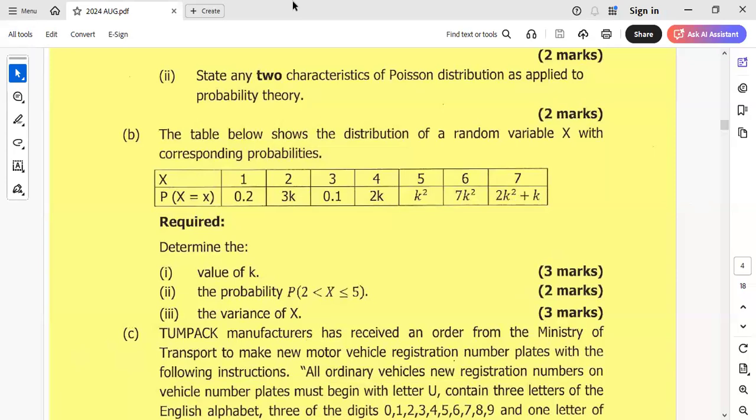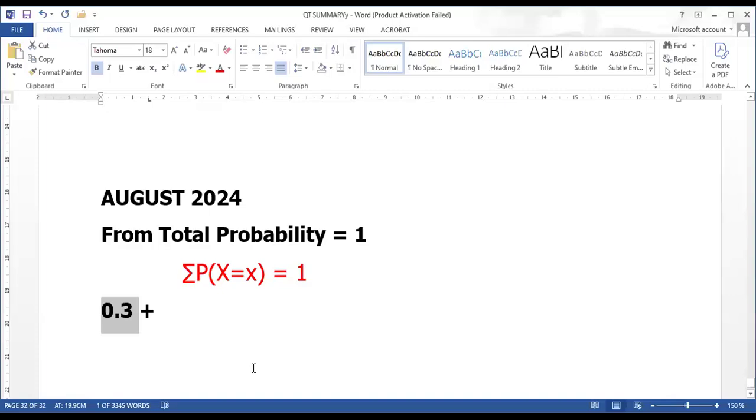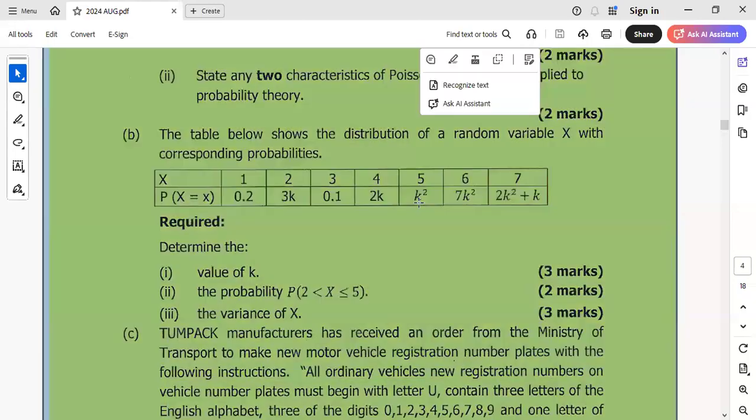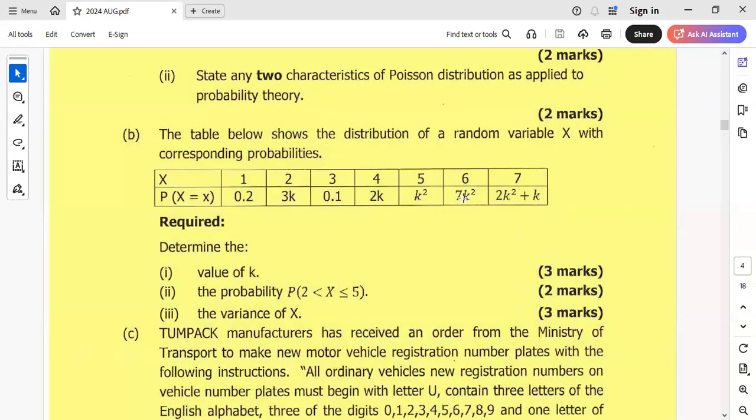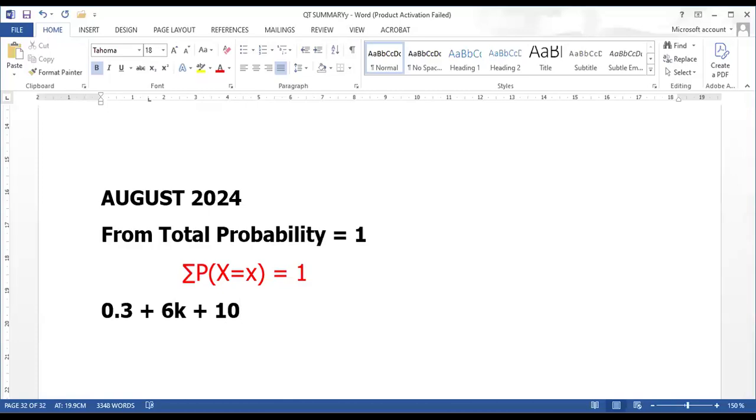I am collecting like terms together. Then k squared plus 7k squared is 8k squared, plus 2k squared, that is 10k squared.